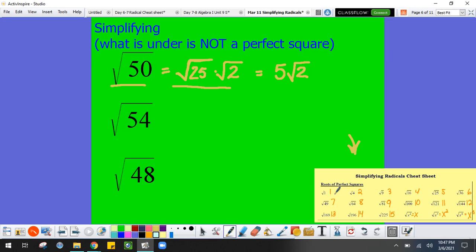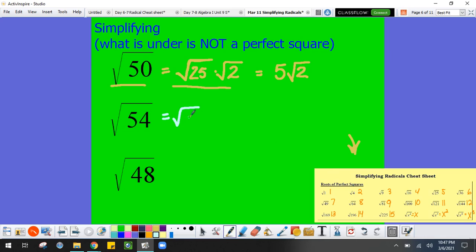So I look in here, and it's between 49 and 64. It's not one of those. So I'm going to go to a lower number and see 36 times something. It's not 54. 25 times something, not 54. 16 times something, no. 9 times 6. 9 times 6 is 54.